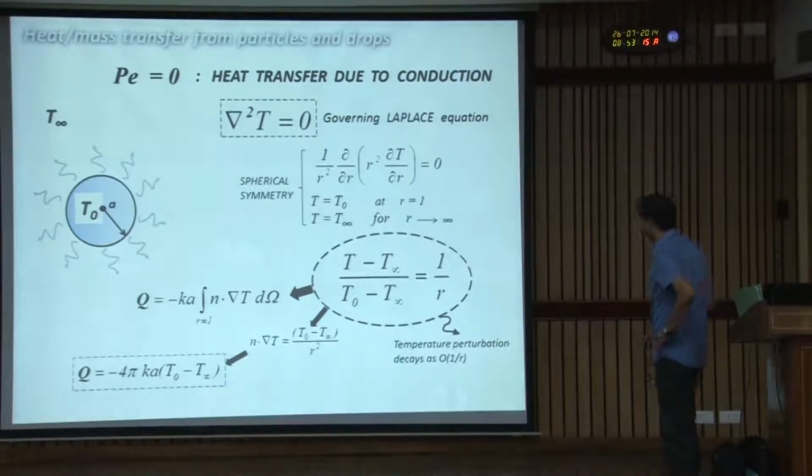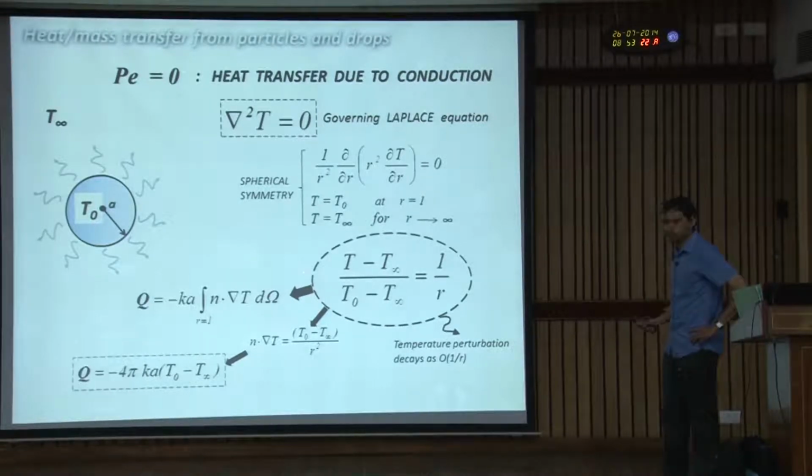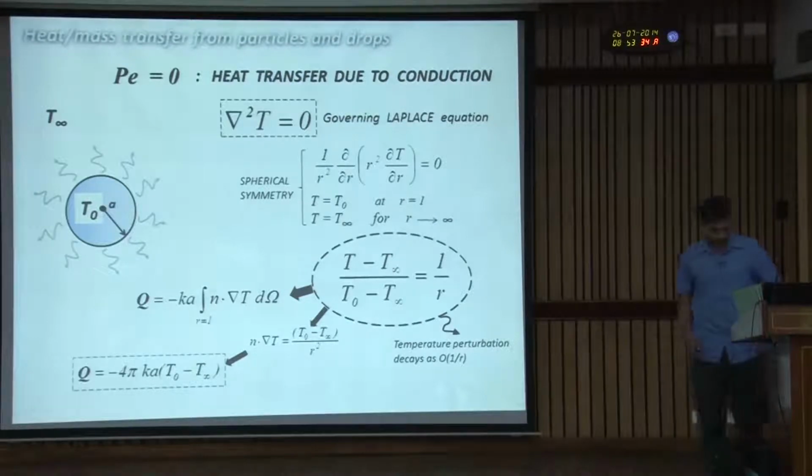Okay, so what the form of the solution also tells you is that there is a convenient way to define a non-dimensional temperature, right? Instead of talking about T itself, I can talk about this non-dimensional combination, which must be 1 at the surface and 0 far away. So that's always good. I have 1s and 0s. Okay.